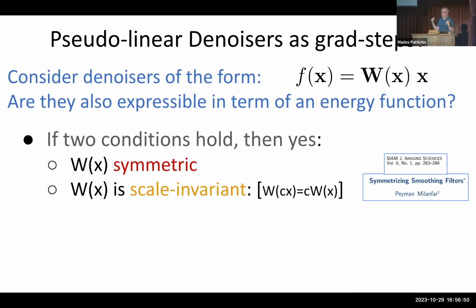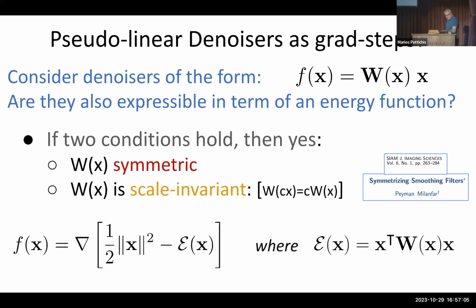If W of X is symmetric and it is scale invariant, meaning that if you multiply X by some constant, it gets pulled out, then you can write F of X in terms of this energy function where E is in fact X transpose W of X, X. So this is like a quadratic form, but you can think of it as a sort of pseudo quadratic form where the positive definite matrix in the middle actually depends on X as well.